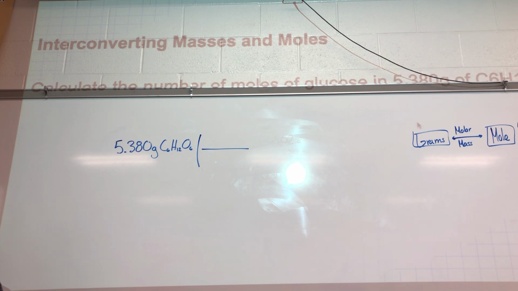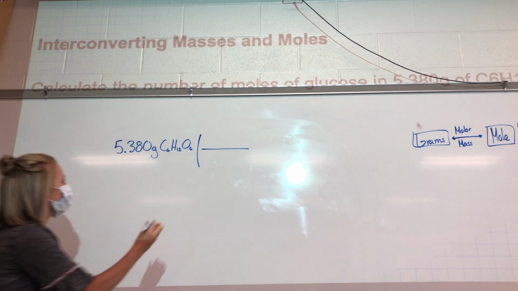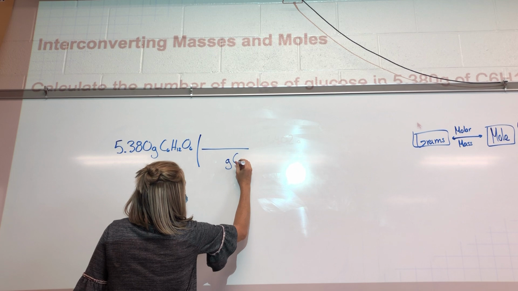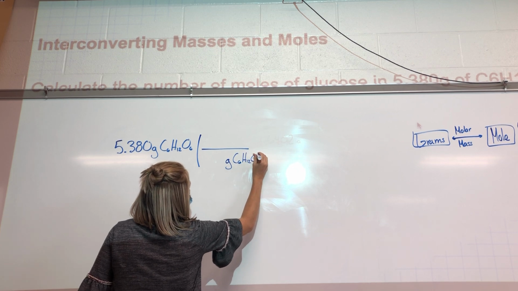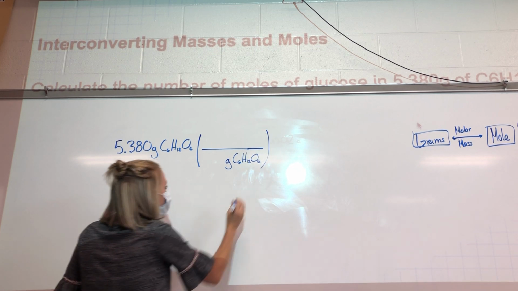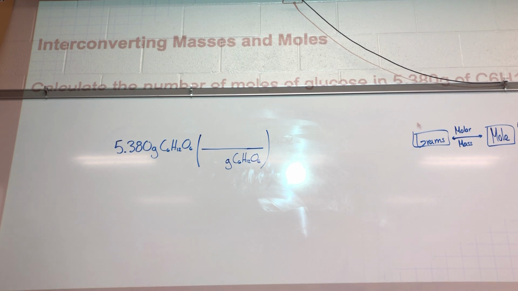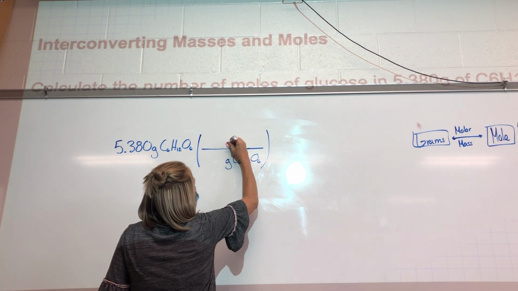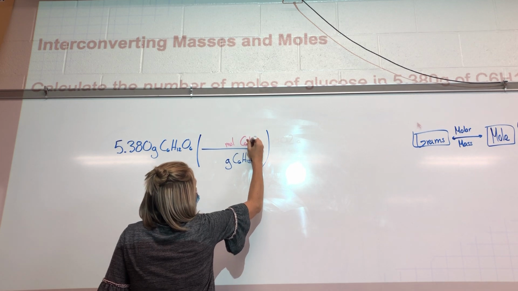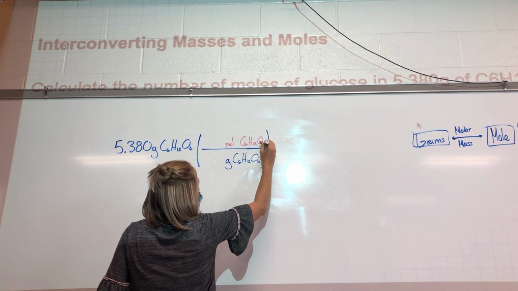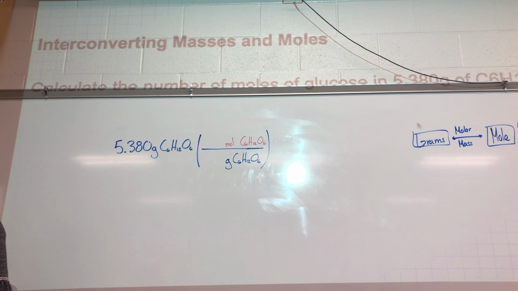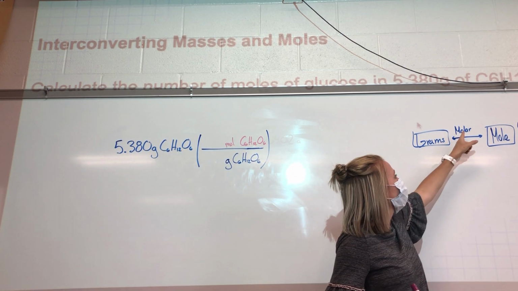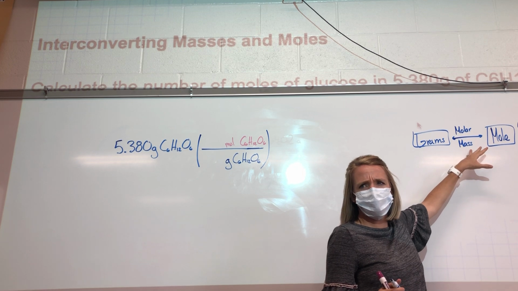The unit we're leaving goes on the bottom. The unit you're relating it to goes on the top. So in this case, a mole. Then we said the thing that connects those two is the molar mass of it.